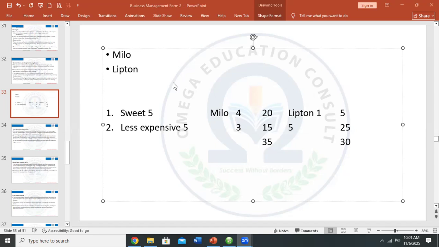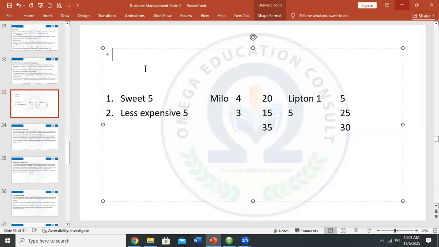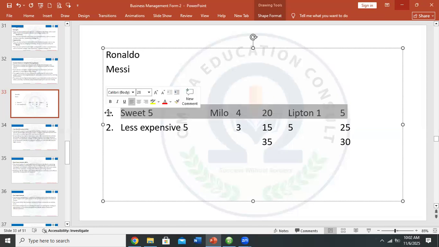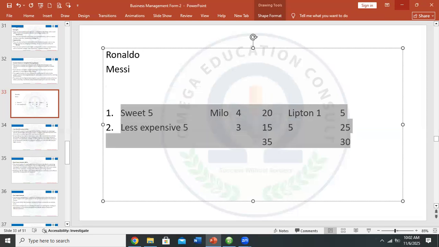Okay, maybe let me use another example, and you'd appreciate. Let's say we are comparing two football players, Ronaldo and Messi. These are two alternatives we want to choose from. We want to choose the best player. So we set the criteria.